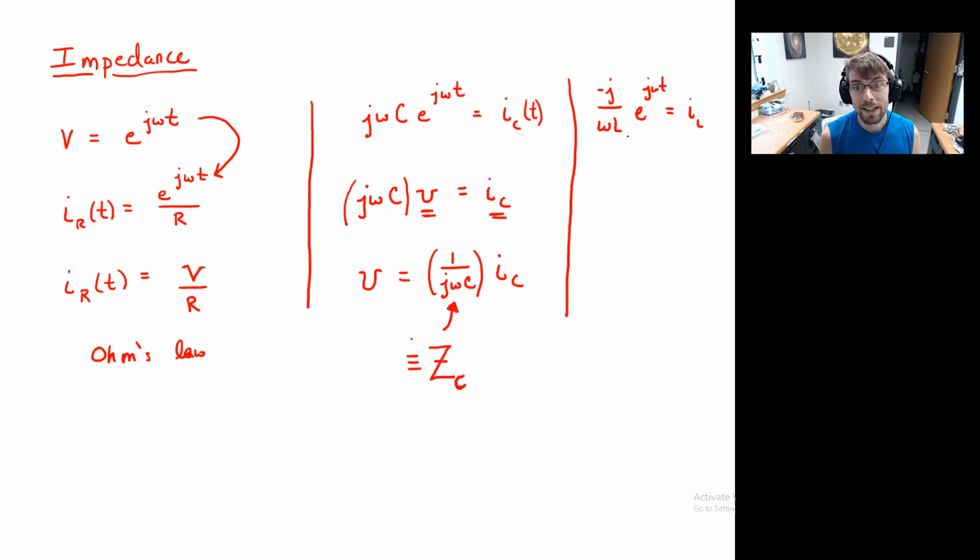And so again, if we substitute in, we have our potential equals omega L over negative j I_L, or the potential is equal to j omega L. So maybe I shouldn't have moved that to the denominator. I forget. And again, notice this is a constant of proportionality between the applied potential and the current. And so we define that as the impedance of the inductor.